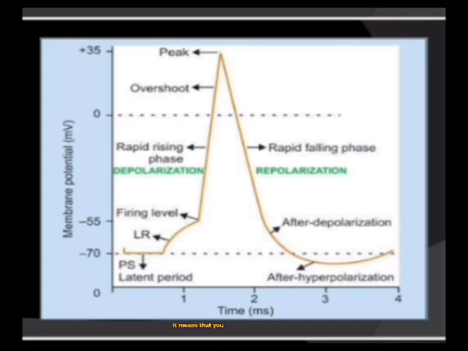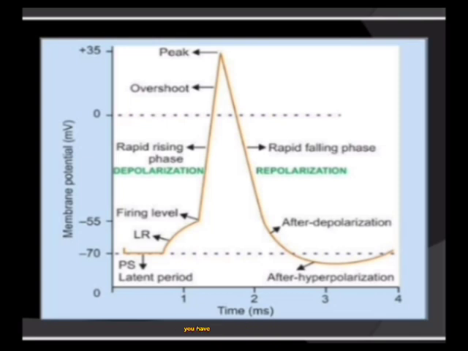It means that you now have more electropositivity inside the cell and electronegativity outside the cell. That is due to influx of sodium ions, positively charged ions, from exterior to interior of the cell.